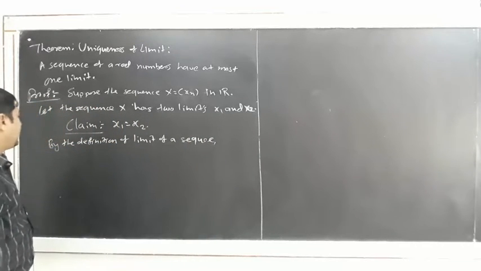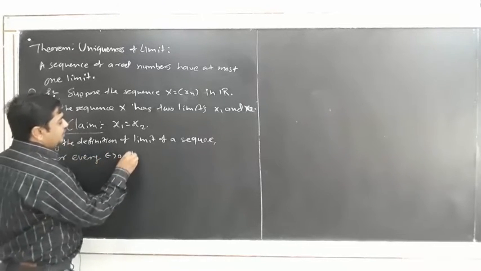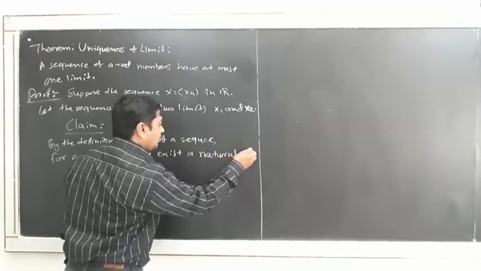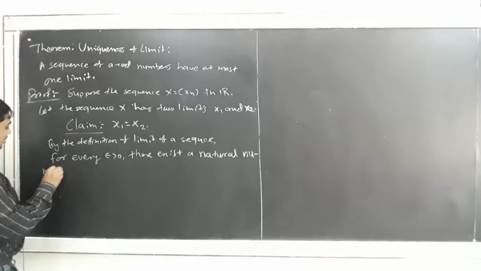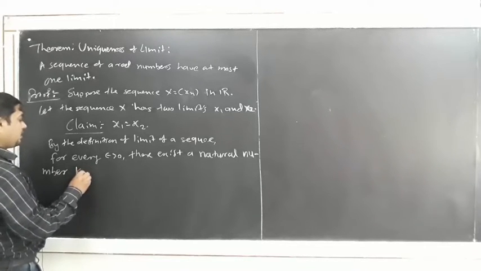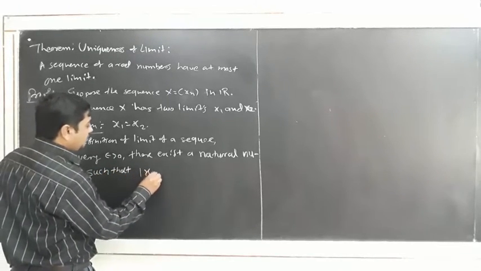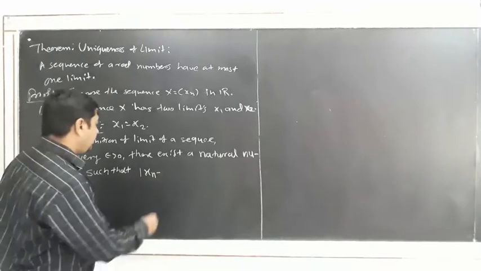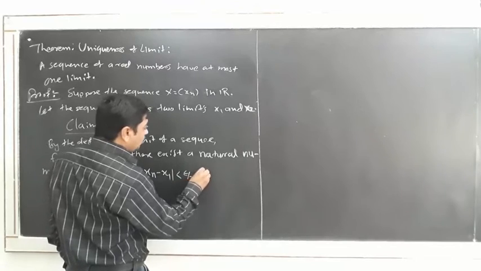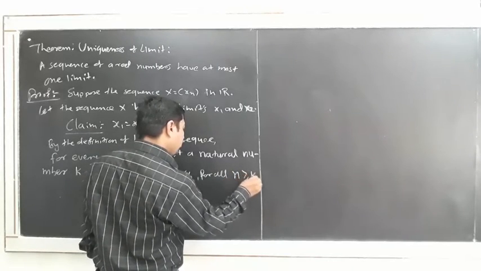By the definition, for every epsilon greater than 0 there exists a natural number k (epsilon), we are writing k, natural number k, such that mod of xn minus x1 is less than epsilon by 2 for all n greater than or equal to k.